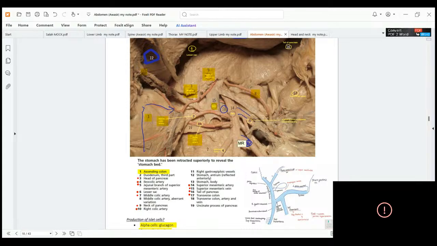And 5, jejunal branch of the superior mesenteric artery. 7 is middle colic and 10 is right colic. And 4 is ileocolic. And 5 is jejunal branch of the superior mesenteric.